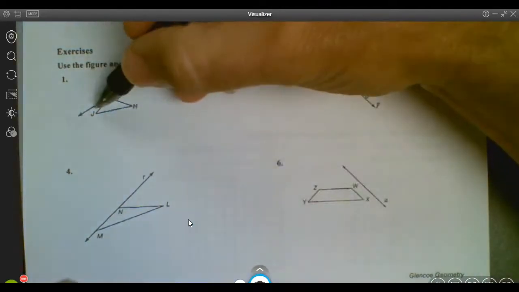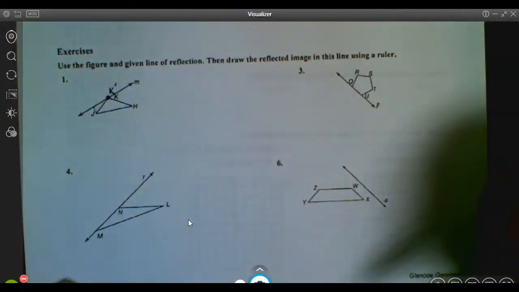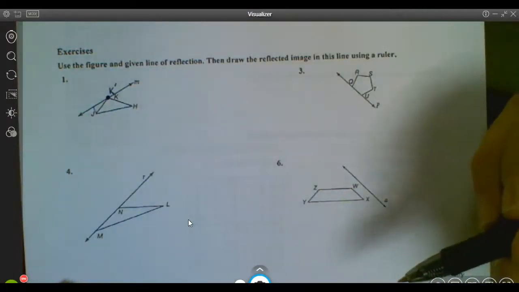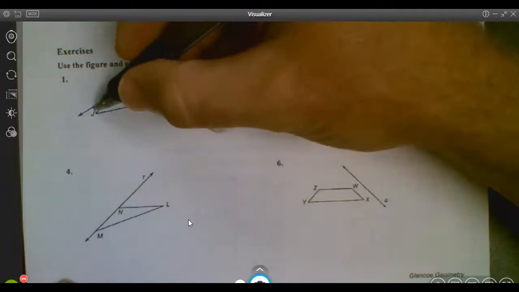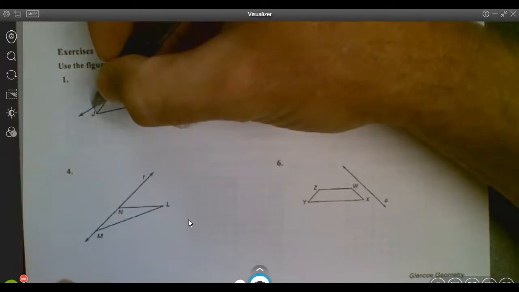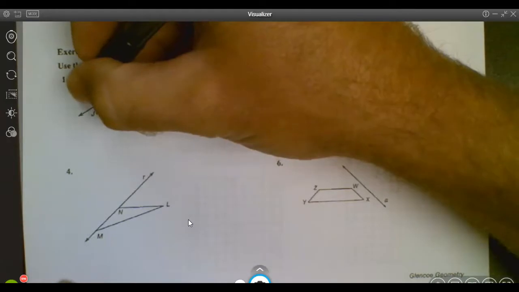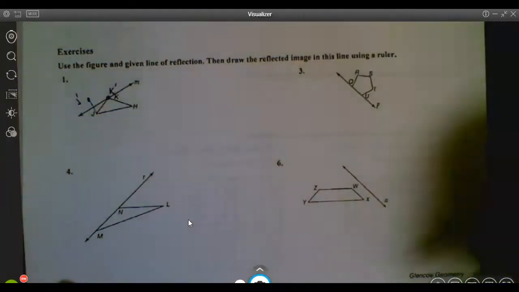So again, the idea is I want to, as best as I can, estimate point J, that distance right there, directly to the line of reflection. Remember, I'm trying to keep a perpendicular line here. Okay, so I'm trying to create a right angle when I view this. So I'm going to go that same distance on the other side and put J prime right there.